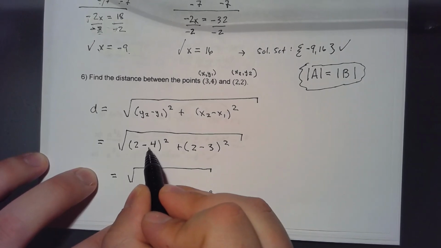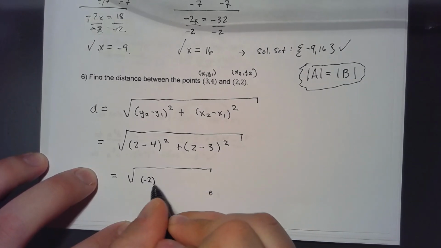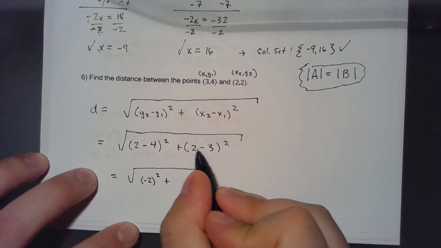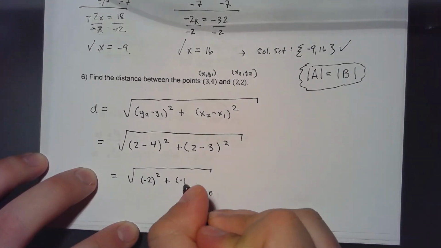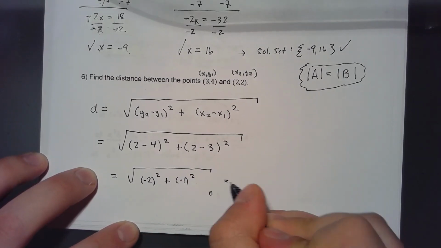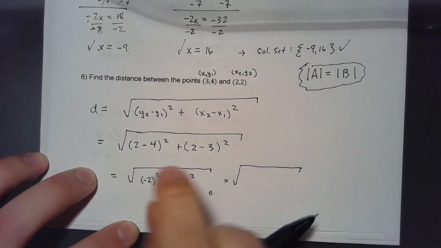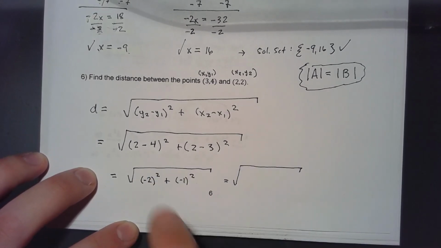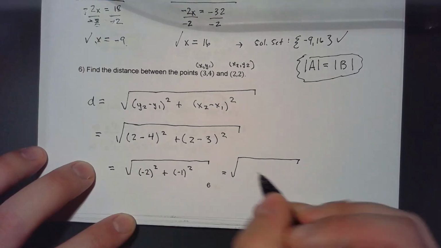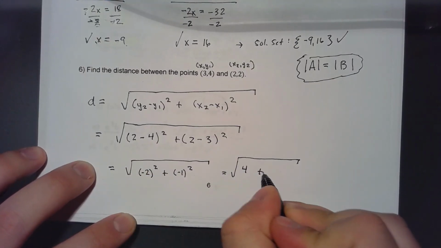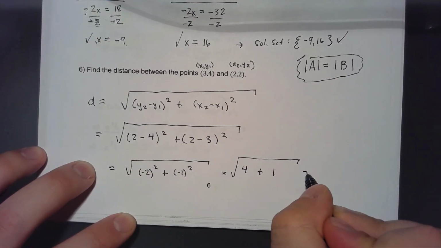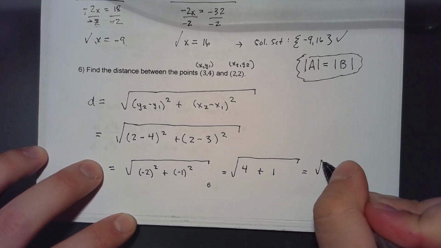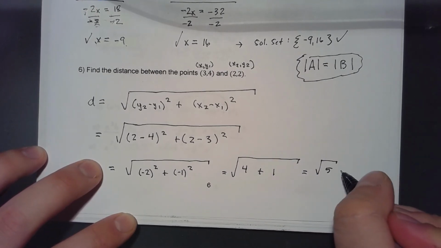2 minus 4 is negative 2 squared, plus 2 minus 3 is negative 1 squared. Remember, you cannot break up a square root with a sum. Negative 2 squared is 4, plus negative 1 squared is 1. So I have the square root of 4 plus 1, which is the square root of 5.